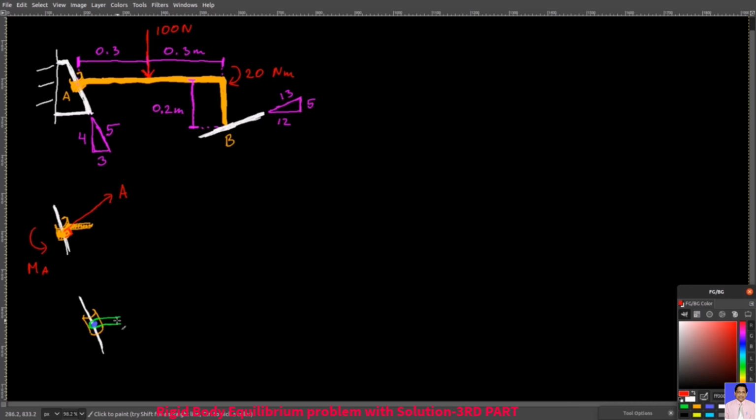In our case, the member is welded to the collar, thus you have a reaction force normal to the rod and you have a reaction moment. So they are both applied to the member. What about point B? Well, at point B, the member simply lies on the ground.